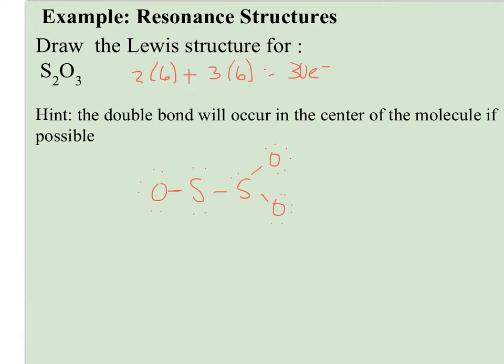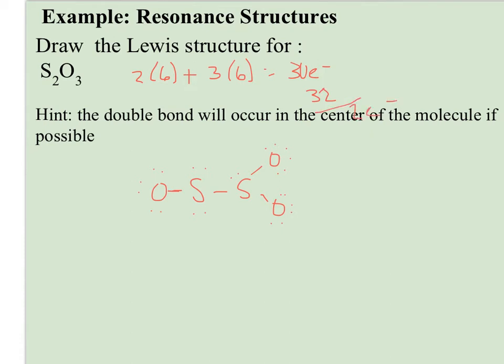And now when I count up, I've got 2, 4, 6, 8 around the first oxygen, 10, 12, 14, 16 around the next oxygen, 18 on the sulfur, 20 between the sulfur, 22, 24 on my second sulfur, 26, 28, 30, and 32 electrons. So I used a total of 32 electrons to get all of those atoms stable.